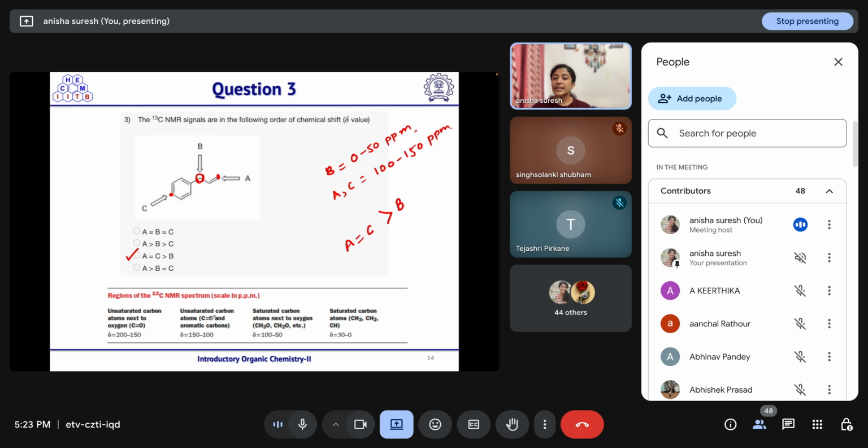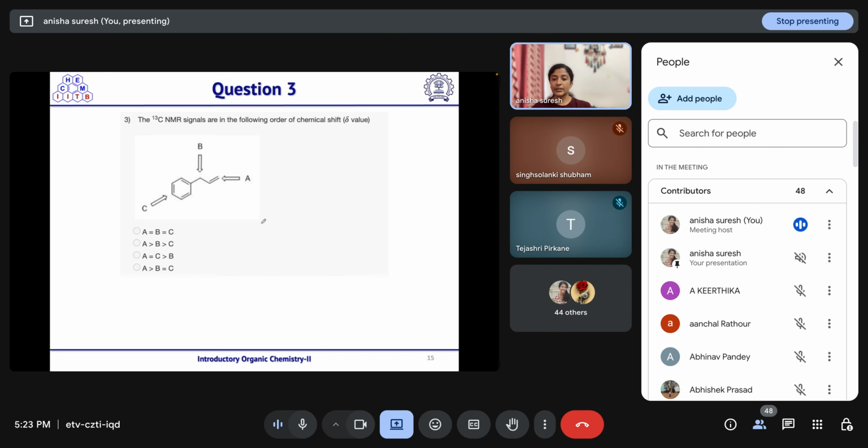Unsaturated carbon atoms like C double bond C and aromatic carbons come in the region of 100 to 150 ppm. So A and C will come in this region and B will come in the region of 0 to 50 ppm. Hence we can conclude that A equal to C greater than B is the right option here.